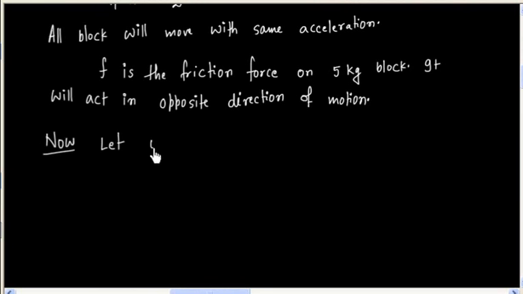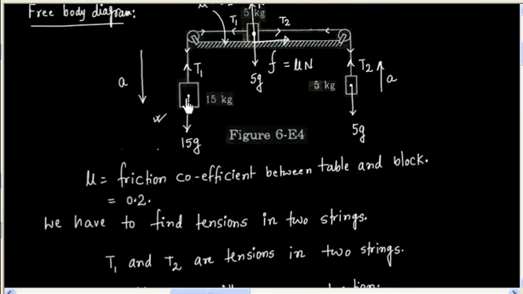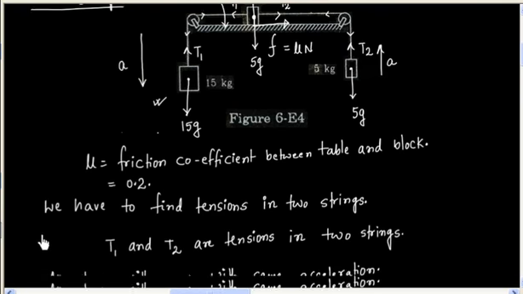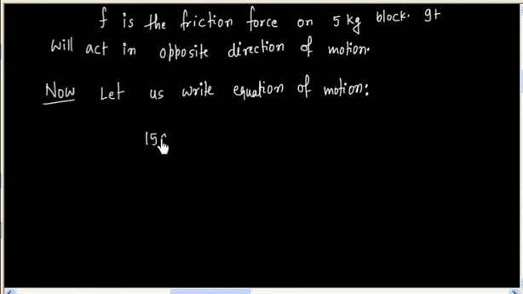Now let us write the equation of motion. So this block is going in the downward direction. So let us take the downward direction as positive.